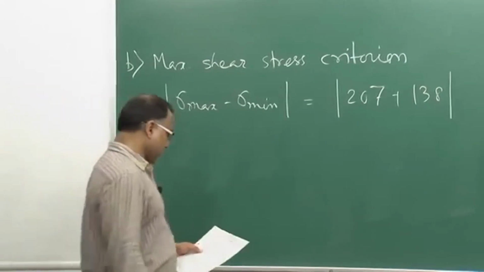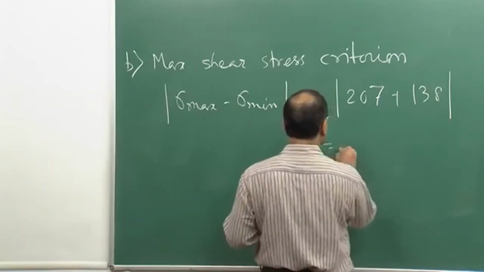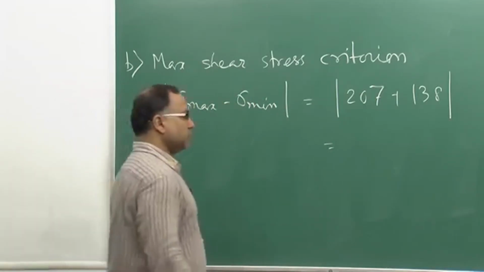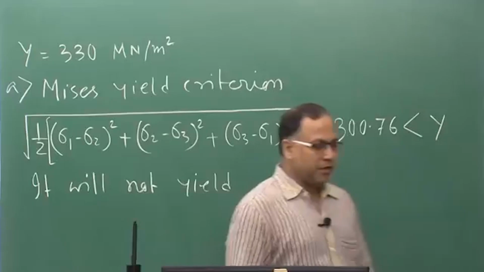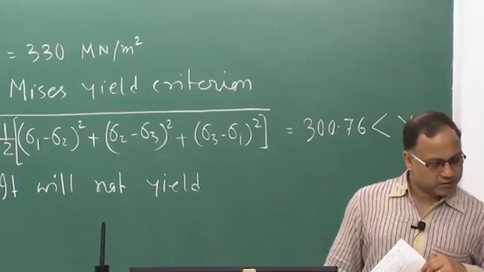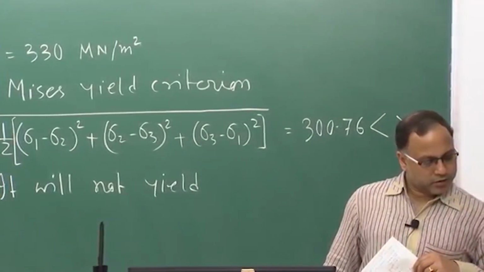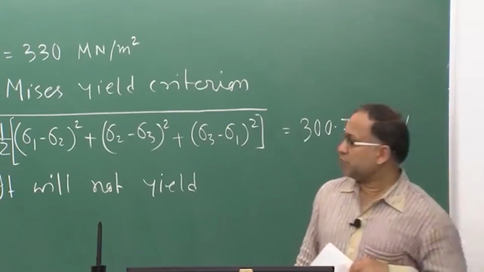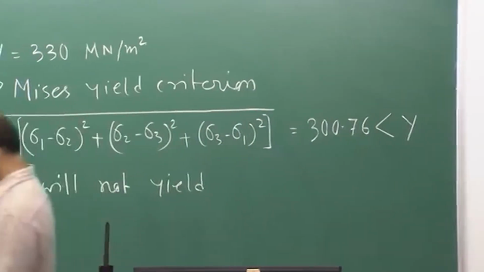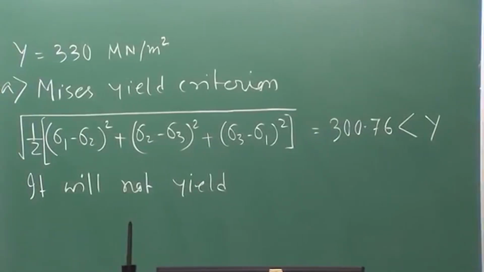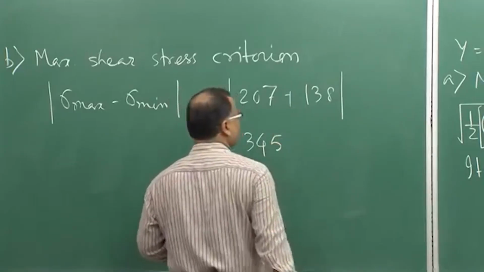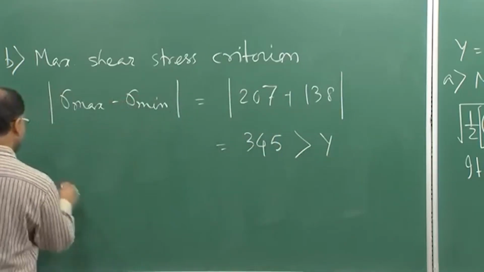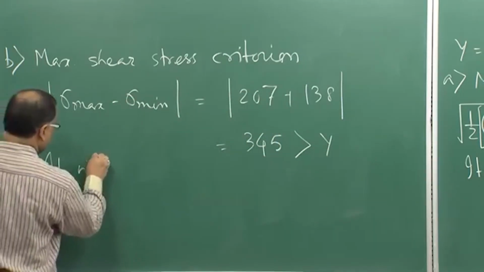Here 207 is the major principal stress, and sigma 2 is the minor principal stress, that is minus 138. So that gives me 345, which is greater than sigma y. Therefore, it will yield.